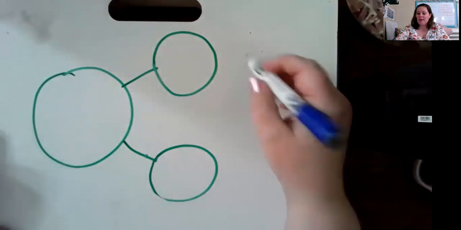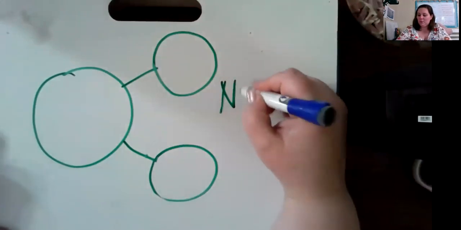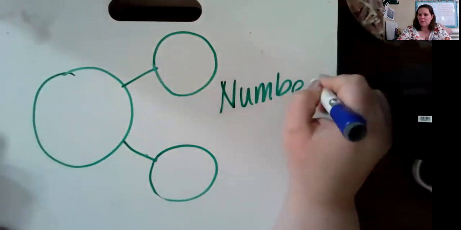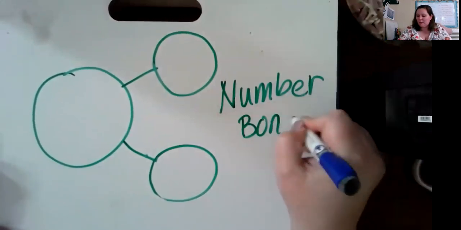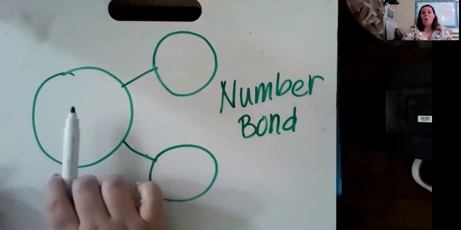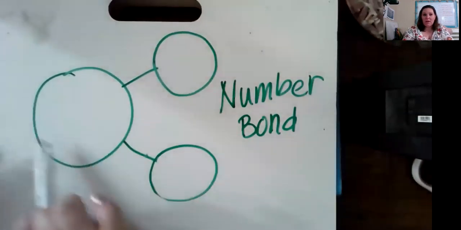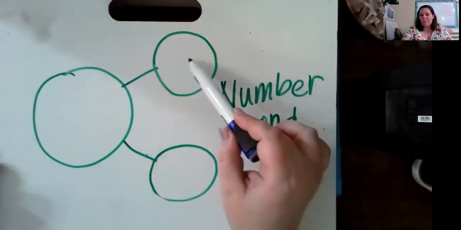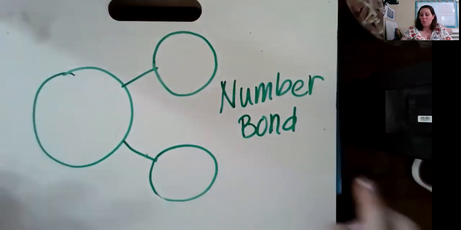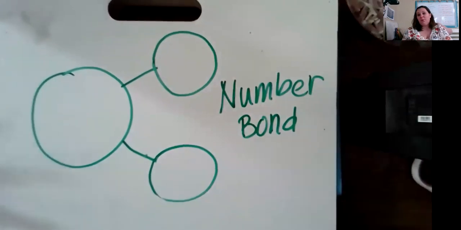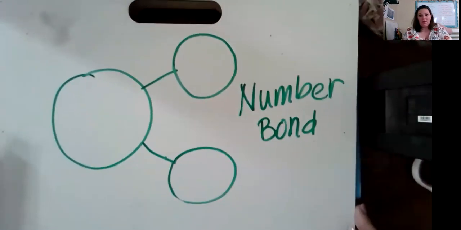It is a number bond. Okay, the whole goes in the big circle and the two smaller parts go in the little circle. Whether it's subtraction or addition, that's what goes in those circles.